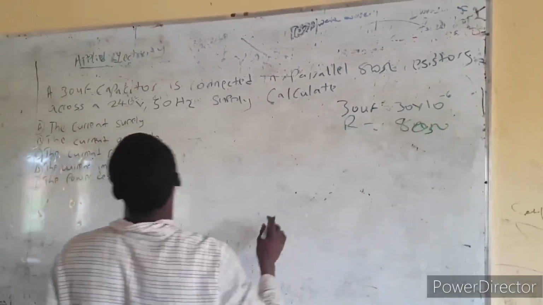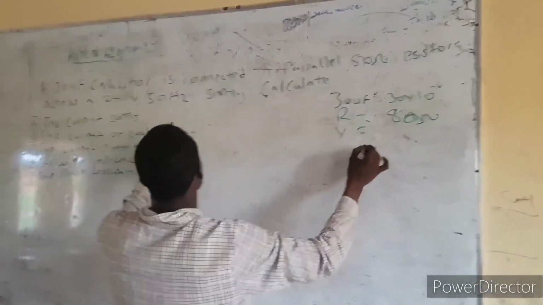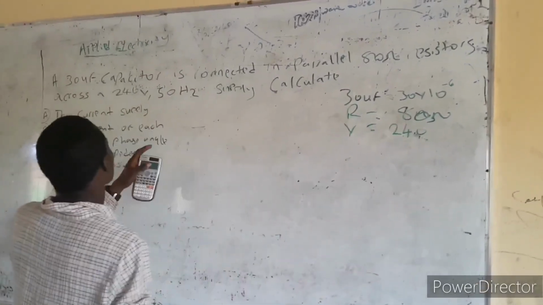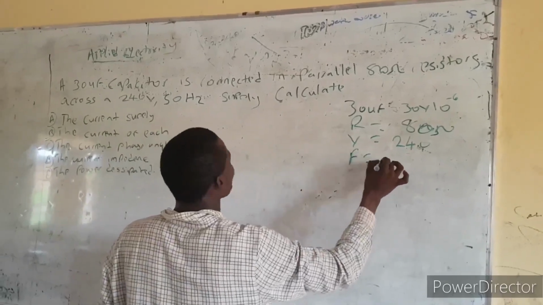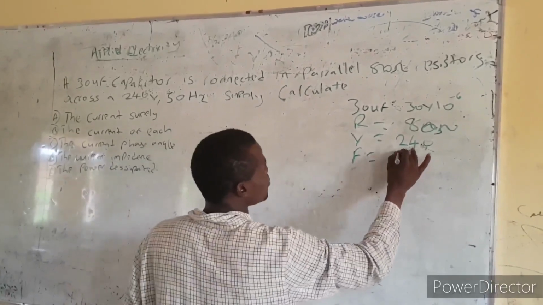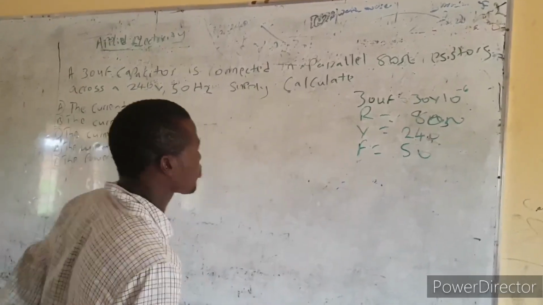We have voltage V equals 240 volts. And we have the frequency F, which is measured in hertz, equals 50. So we have to calculate the supply current.